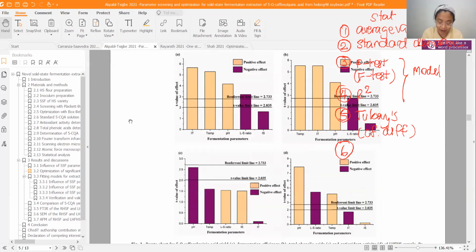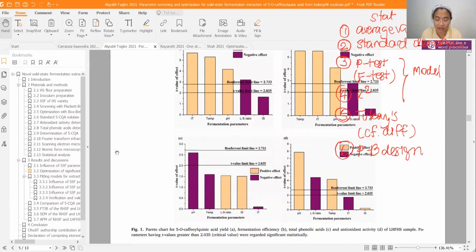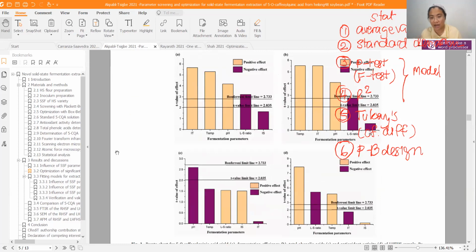The stat involved is Plackett-Burman design, and then the Pareto chart is just another way to display the results. The point is that you see that there are t values here.